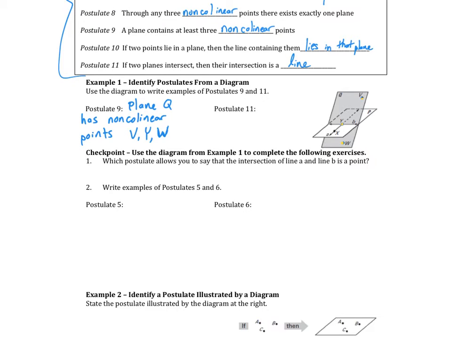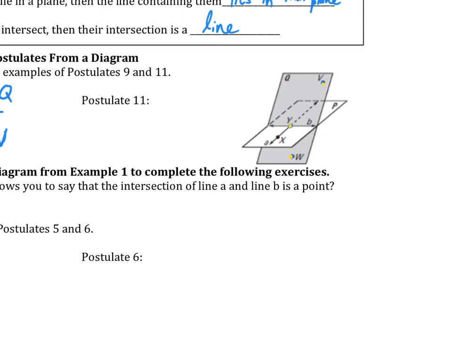And for postulate 11, which says if 2 planes intersect, then their intersection is a line. So if you look at the picture, let's go with green. You see the shaded and the white plane? They cross on this green line. That's where they cross.